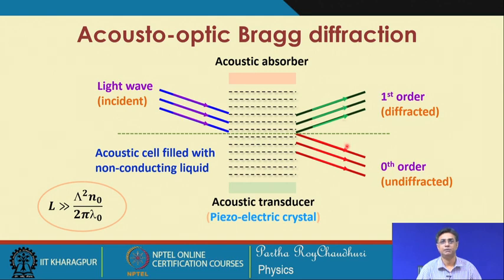Not surprisingly, this coupling is similar to the coupling between two optical waveguides, and we will end up with a similar set of equations, which will be very interesting, and we will see different conditions for the coupling from this undiffracted 0th order beam to the first order beam.